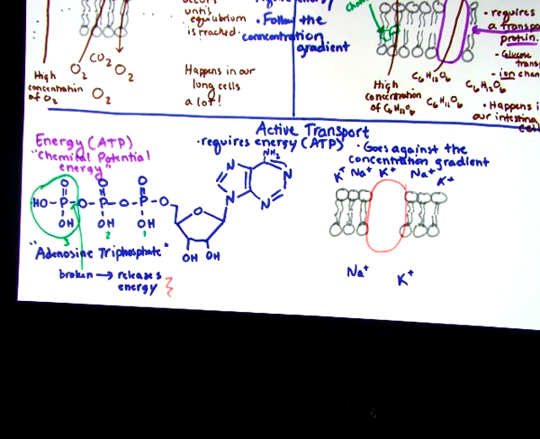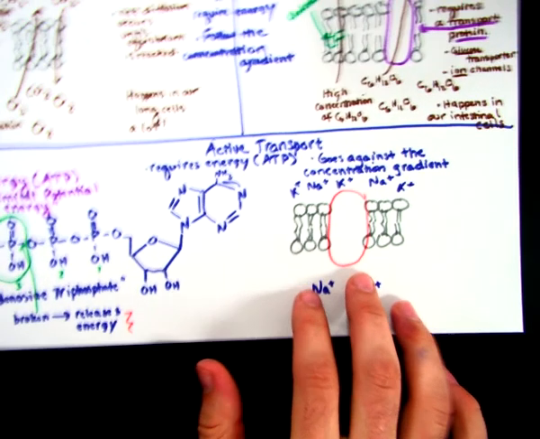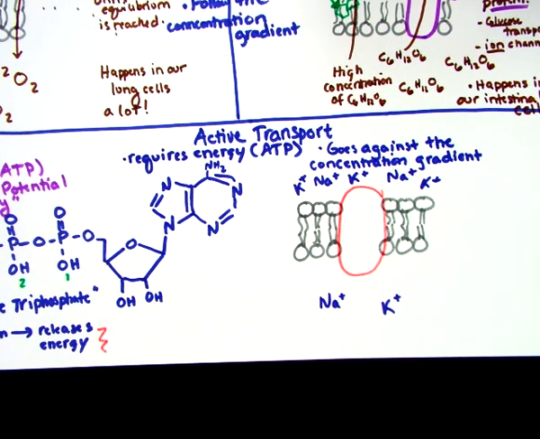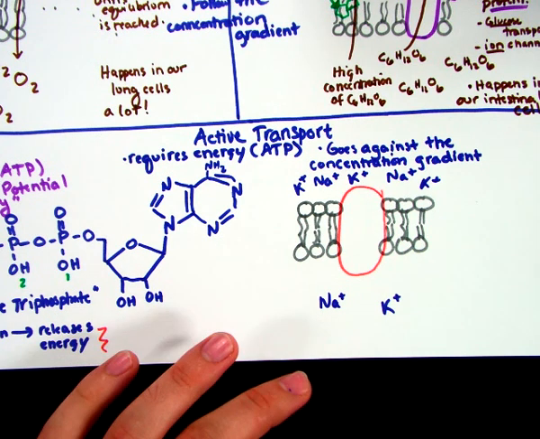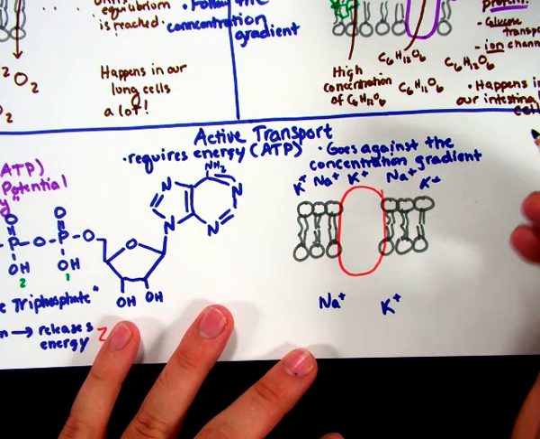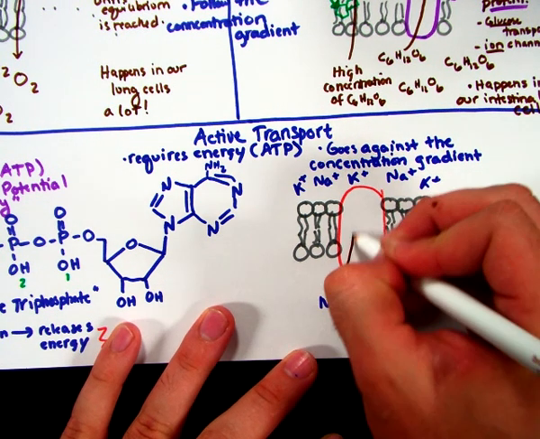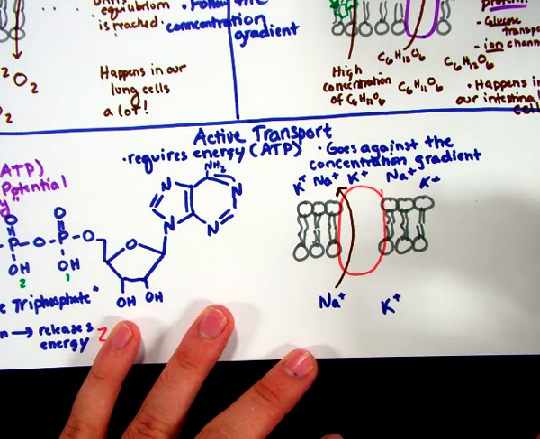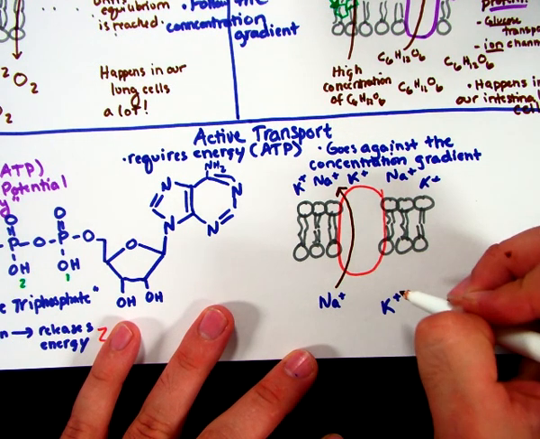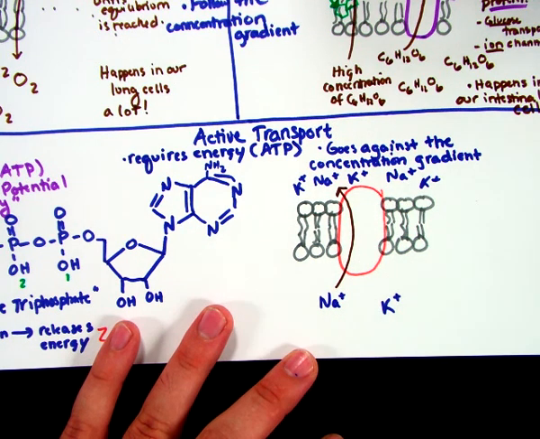So what I've drawn are some sodium and some potassium ions. Potassium is the K. Okay. This is probably the most common active transport situation, where we have this protein that actually pushes... sorry, I drew that wrong.